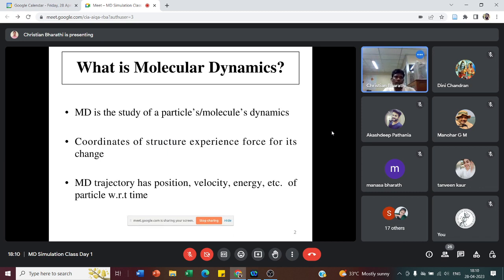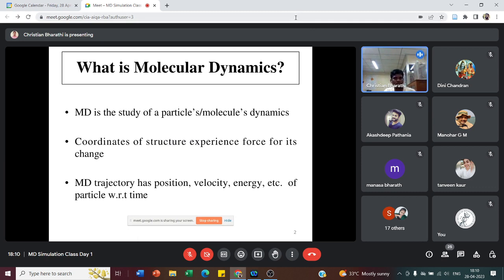After completing our molecular dynamics, once it ended, we get the trajectory of the molecular dynamics.